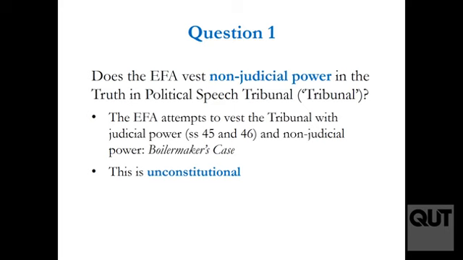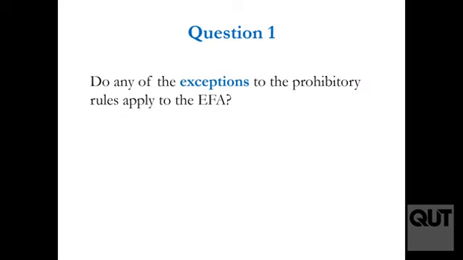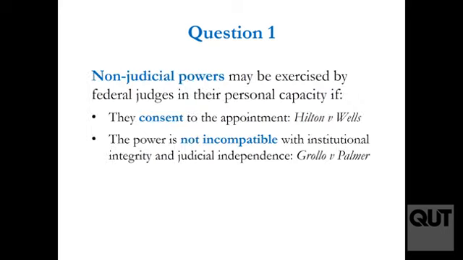Okay, so we've gone through the two main prohibitory rules, and at the moment the Act is in real trouble. The next issue that you need to work through is whether there are any exceptions that might apply. And there is a relevant exception. Non-judicial powers may be exercised by federal judges in their personal capacity.